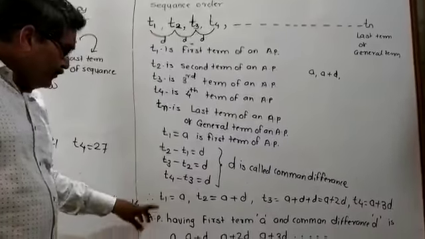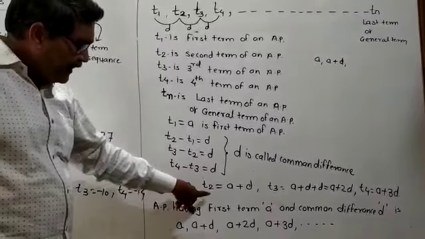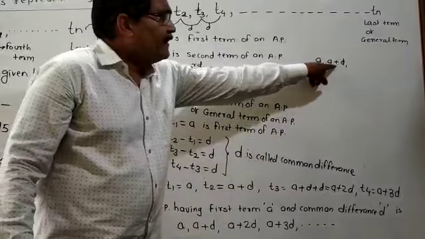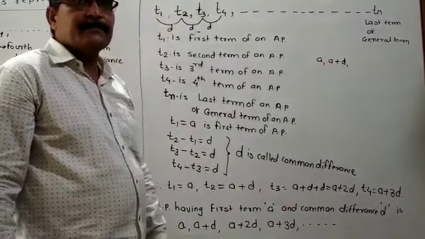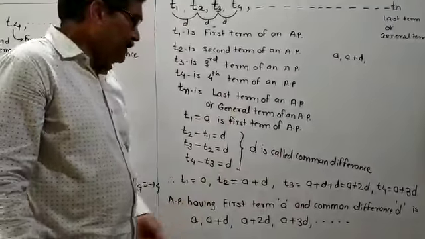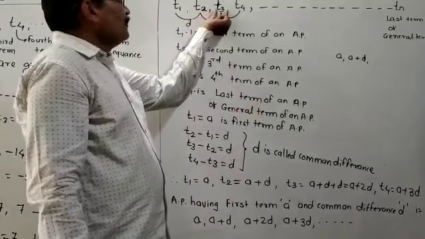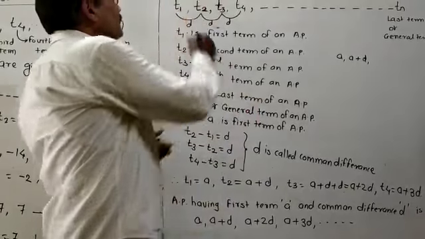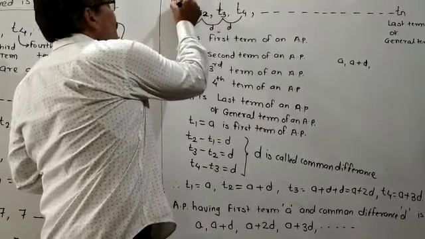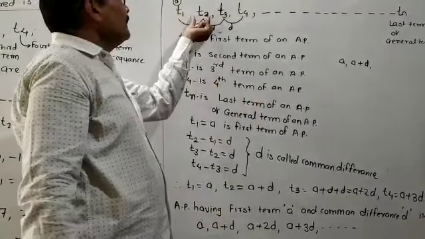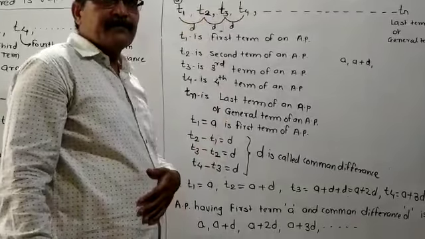So T1 is equal to A, and T2 is equal to what? A plus D. If you want to write T3, if the first term is represented as A, then A plus D plus D. What do you have to write?